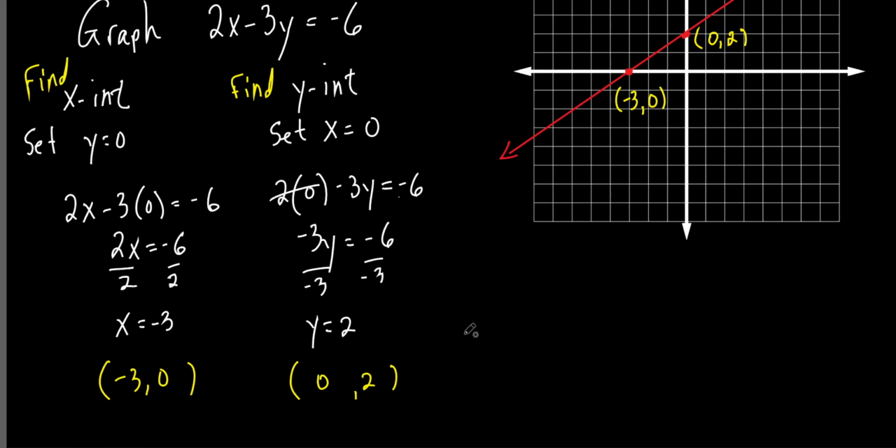I could ask you a couple things. I could give you this equation and ask you to graph it. So you find the x and y-intercepts, put the 2 points, connect them, and you've got your graph. Or I could just ask you to find the x-intercept and find the y-intercept. So you go through the same process. Just give me the 2 points. You just don't have to graph them.